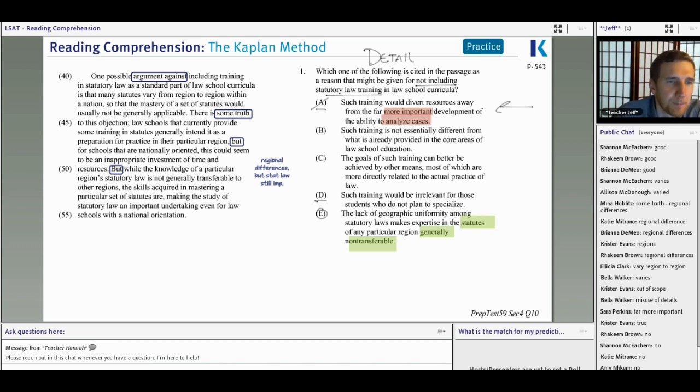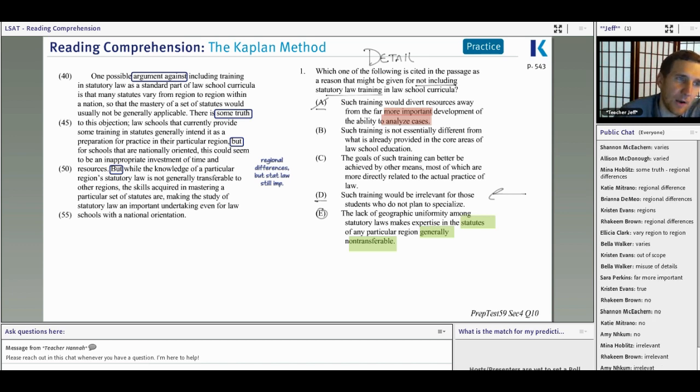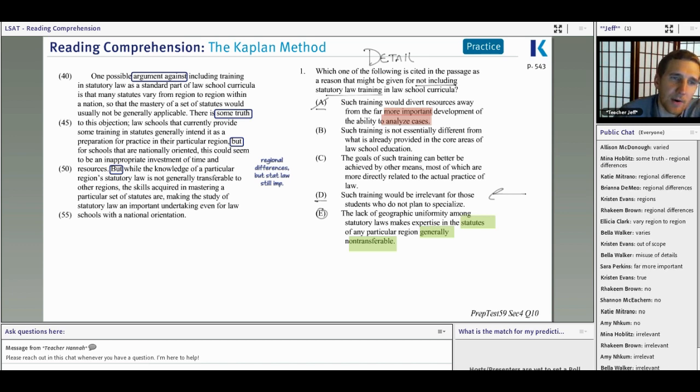Moving on to D. Why is D incorrect? What word does it mention? It's just, yeah, irrelevant. Remember again, as the author ends up telling us, even though the actual statutes don't transfer, the skills transfer.